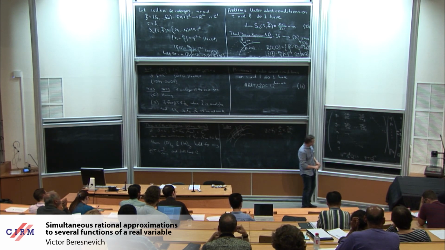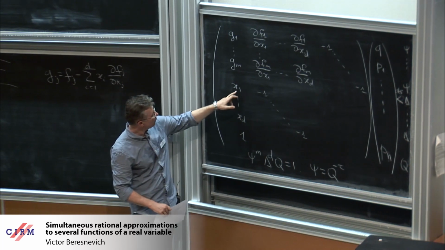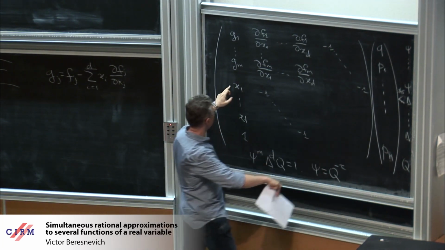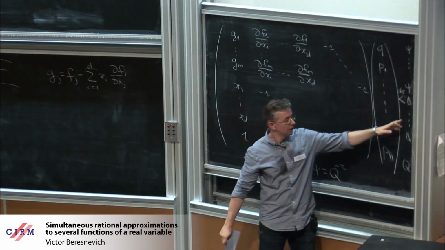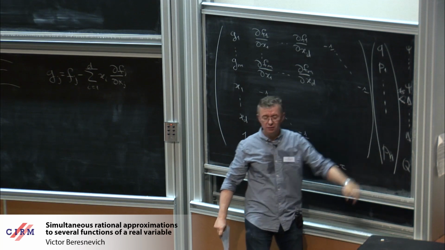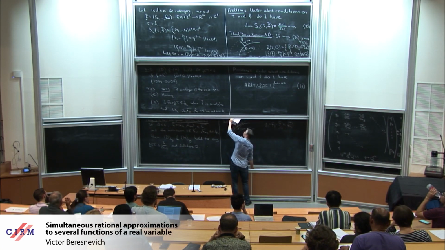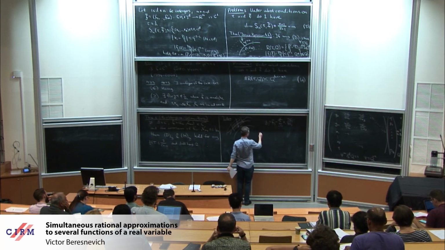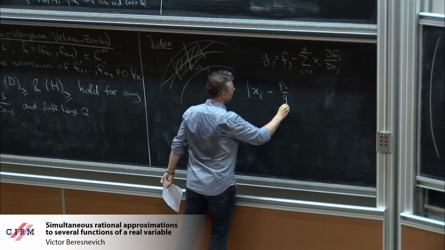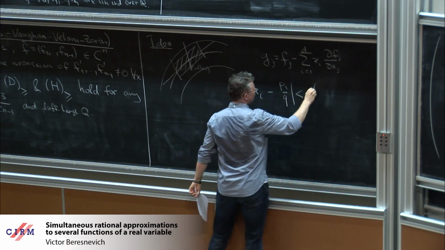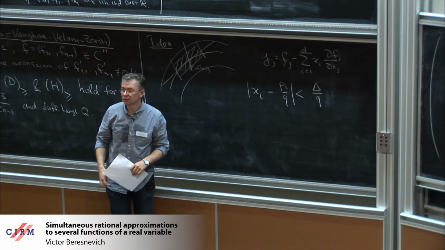Right, so if I look at these inequalities, when I multiply through, it's going to be |q x_i minus p_i| less than delta, and this is going to be true for each i. When I divide through by little q, this is what I have.